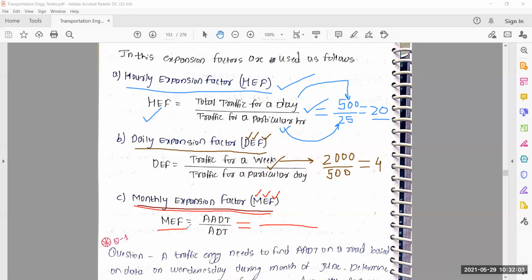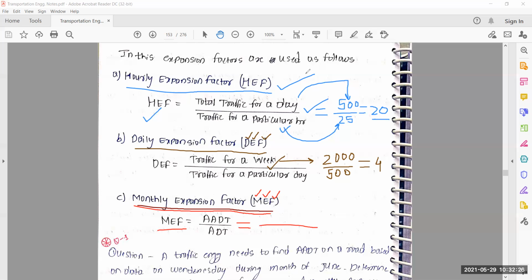So let's solve this problem and find out all the things. By knowing the daily expansion factor, hourly expansion factor, and monthly expansion factor, how we find our ADT is seen in this problem.